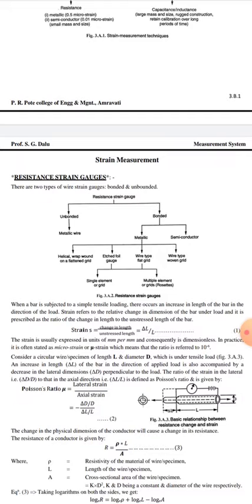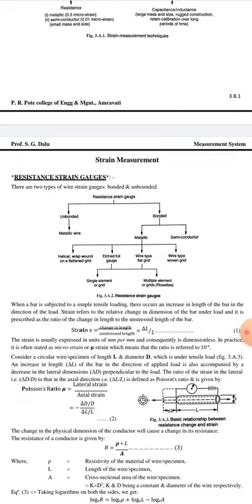Consider a circular wire or a specimen having cylindrical shape of length capital L and diameter capital D, which is represented in the diagram, under tensile load.